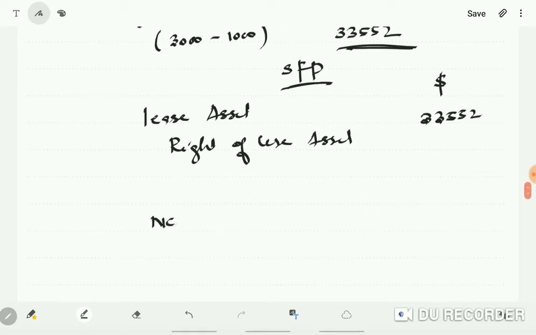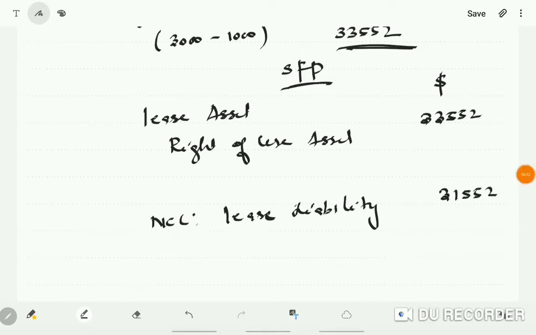And under non-current liability you will be taking lease liability 31,552. Actually the liability should be split into current liability and non-current liability. So we will do this at the year end. How much is non-current lease liability and how much is current liability for the lease? Okay, yeah, this is initial recognition. That is the question we were asked to do.